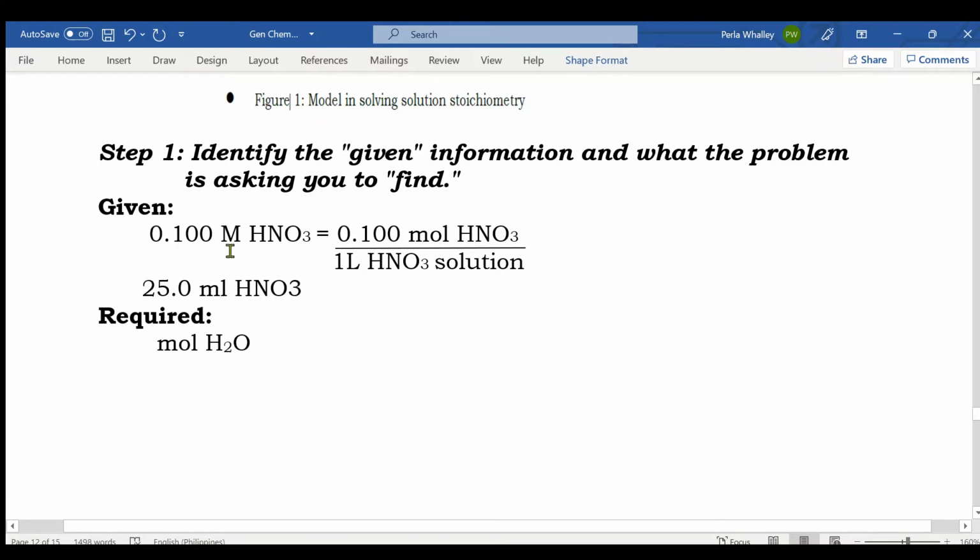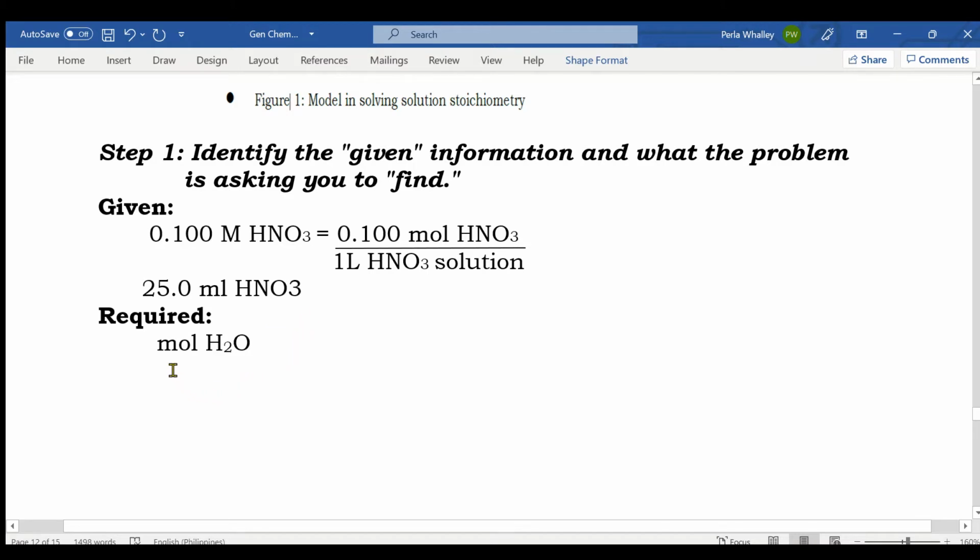The molarity, remember from our previous lesson, is equal to moles per liter. So we can write this molarity as 0.100 mole HNO3 per 1 liter of HNO3 solution. And another given is 25.0 mL of HNO3.